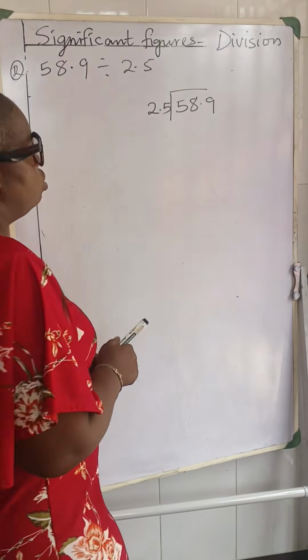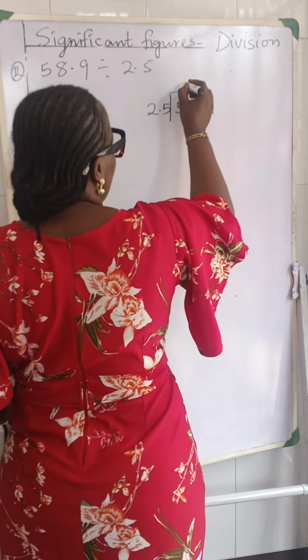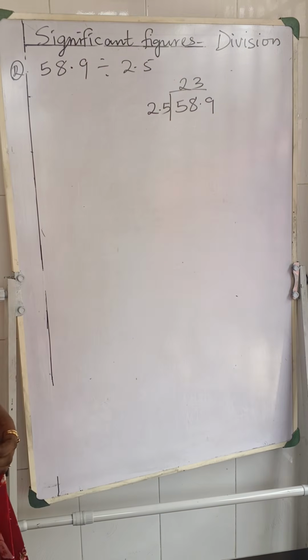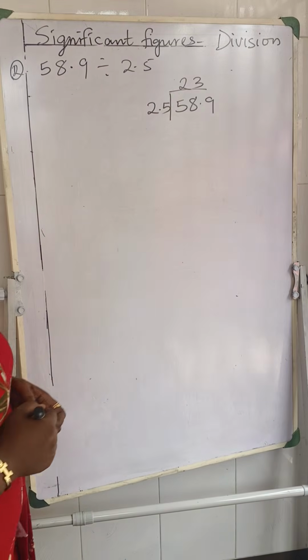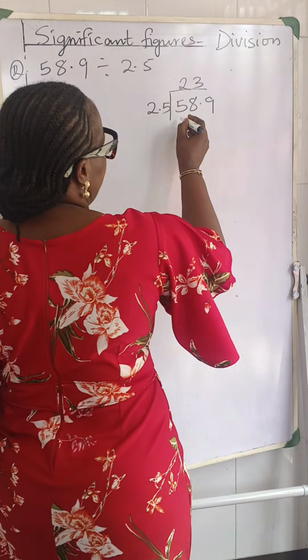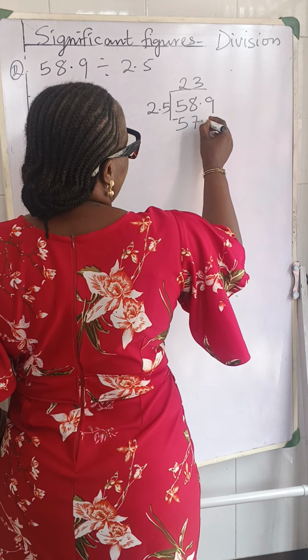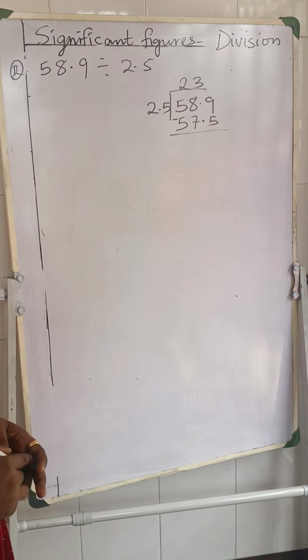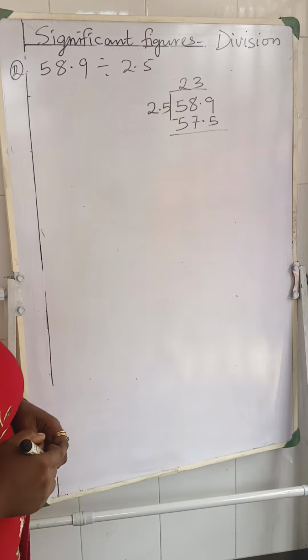2.5 going into 58, how many times will it come out? 23 times, right? 23 times 2.5 is going to give us 57.5. That's what we are going to have when we multiply 23 by 2.5.